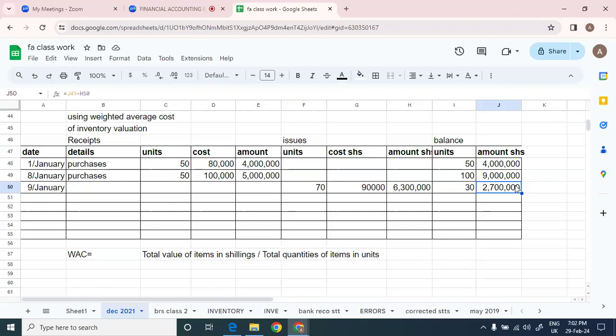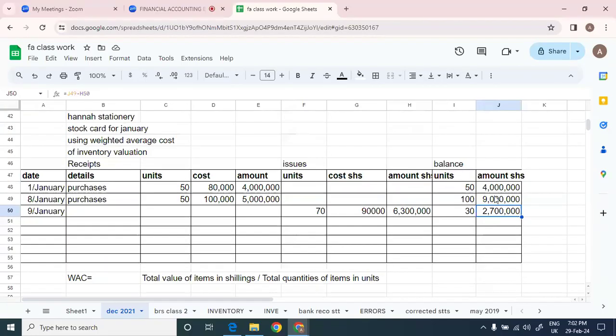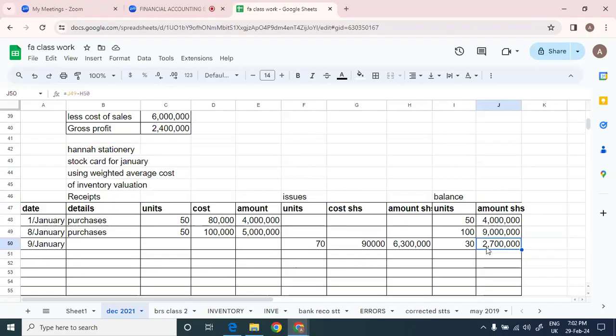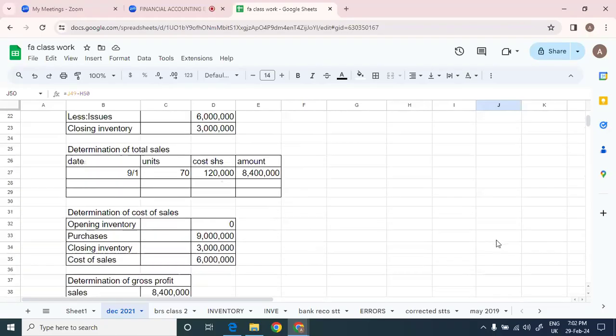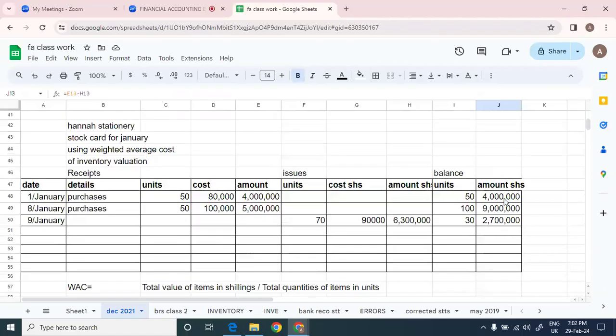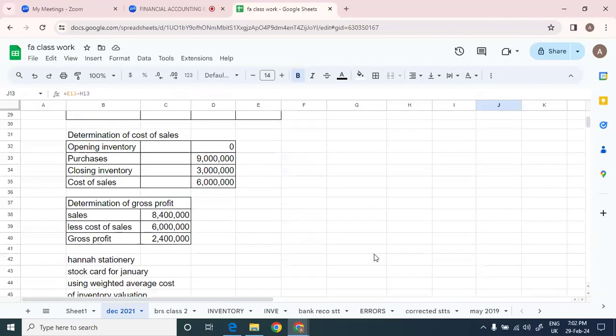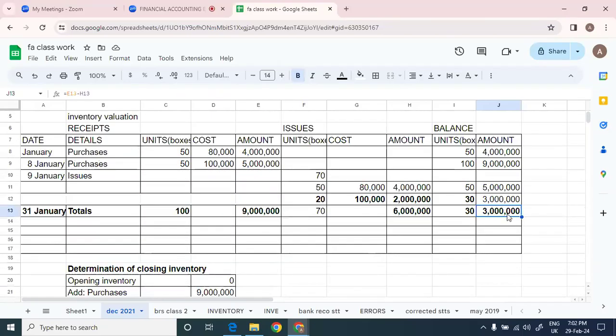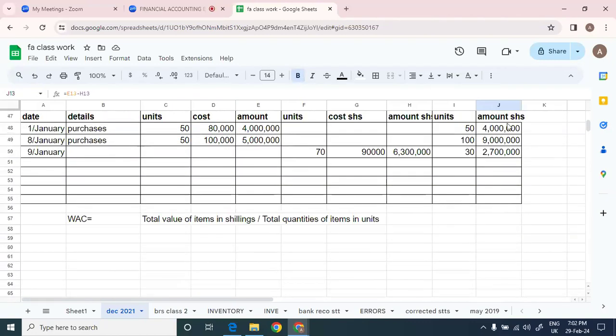This is what I was telling you. Look at this confusion. Someone who used the weighted average and someone who used FIFO: the one with weighted average is saying that my closing inventory is 2.7, the one with FIFO is saying it is 3 million. So how do you conclude that FIFO overestimates the cost of inventory, and weighted average underestimates it?